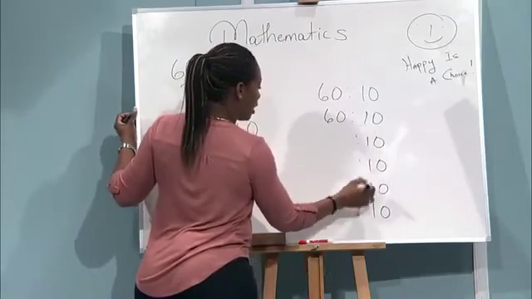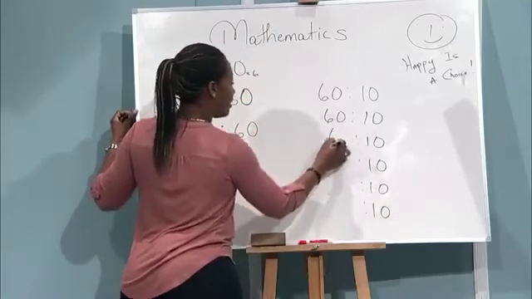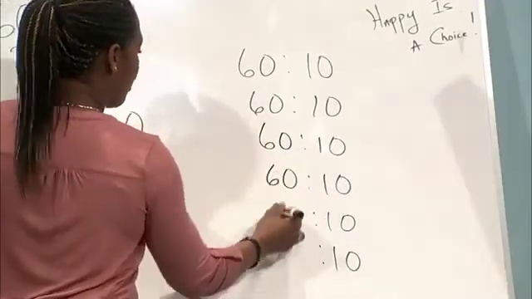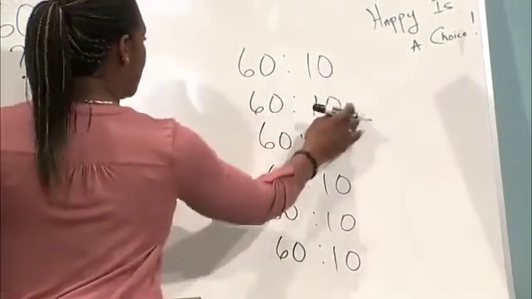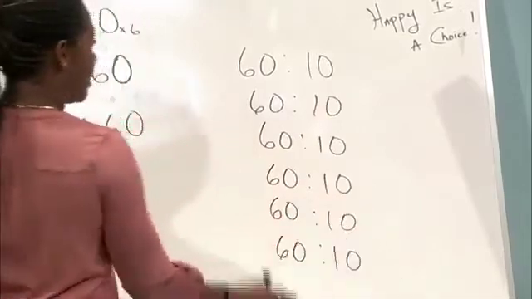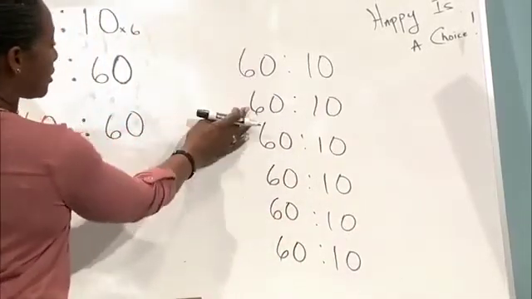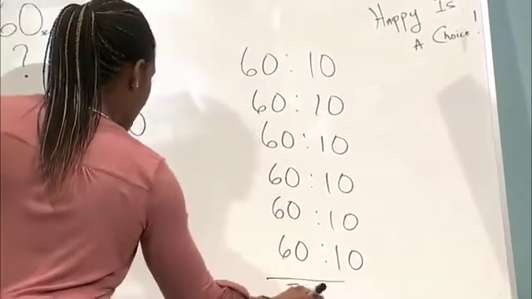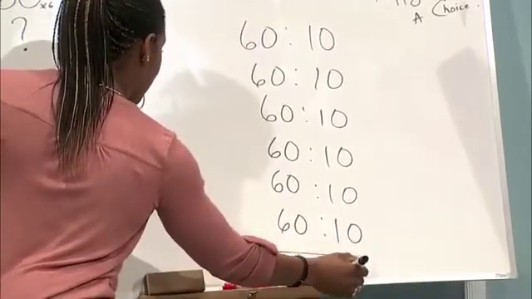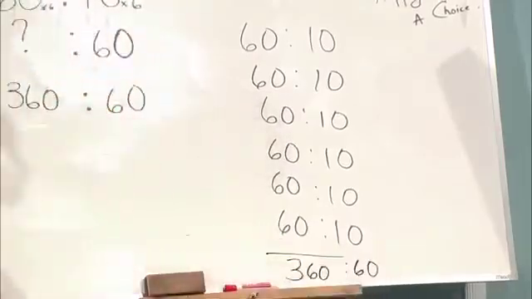I would rather you not use this method, but it can be done. So you would have written out all of the ratios here. So this would account for your 10, 20, 30, 40, 50, 60 minutes. And if you were to add this, 6 and 6, 12, and that 18, and you continue, you would get your same 360 to your 60 minutes.